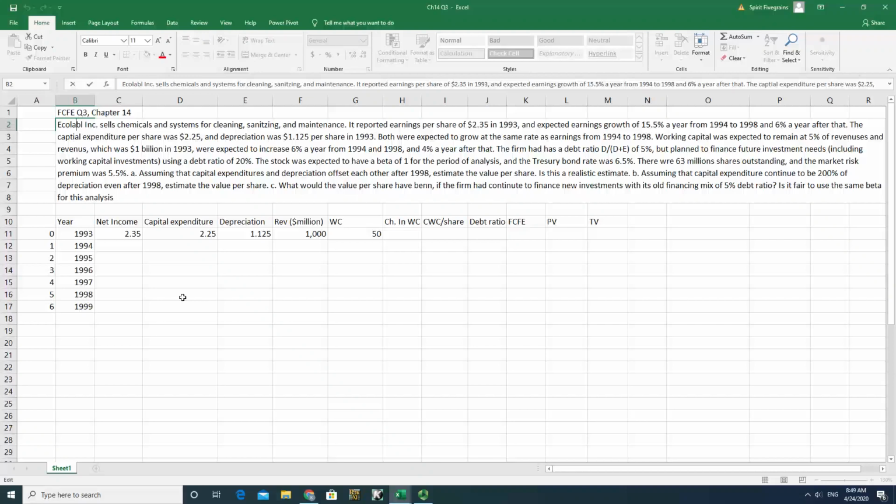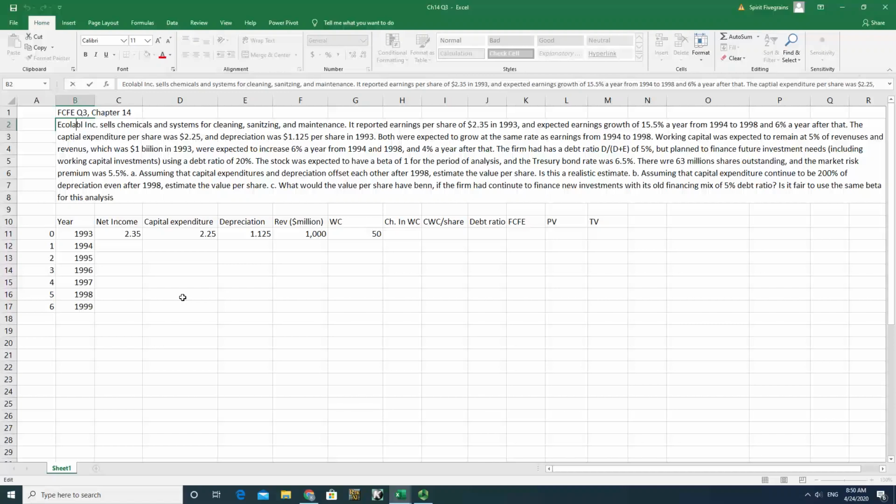So that gives you a way of estimating working capital needs based on revenue. The revenue was $1 billion in 1993 and was expected to increase 6% a year from 1994 to 1998. So that's the high growth time period, and 4% a year after that. That is the constant growth time period.